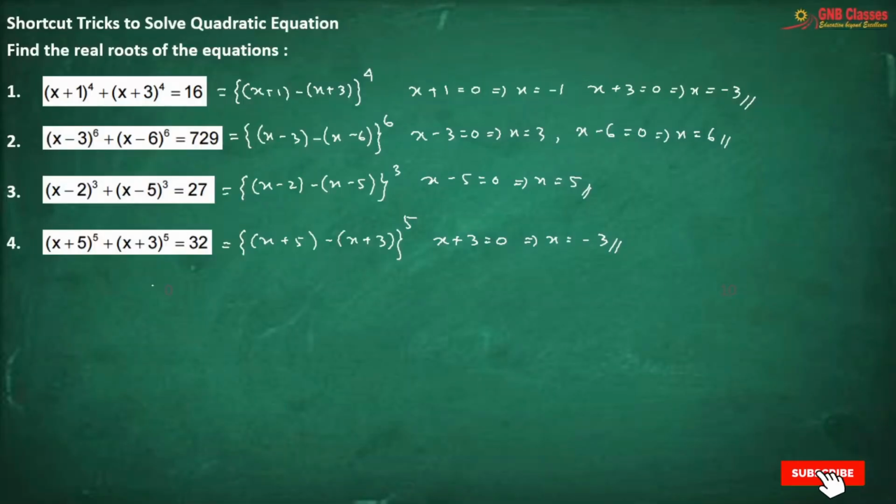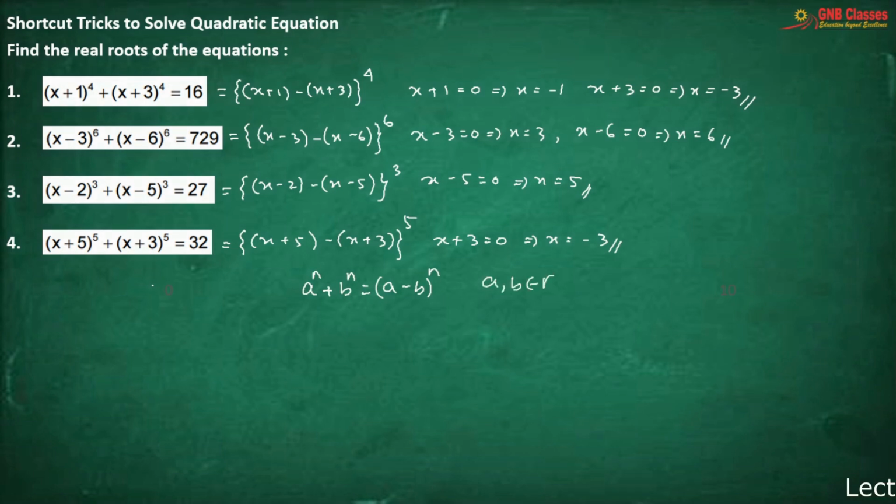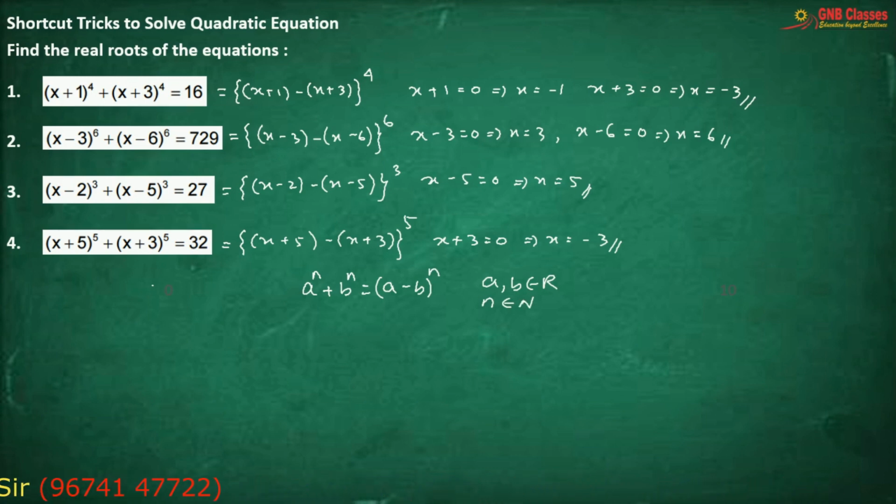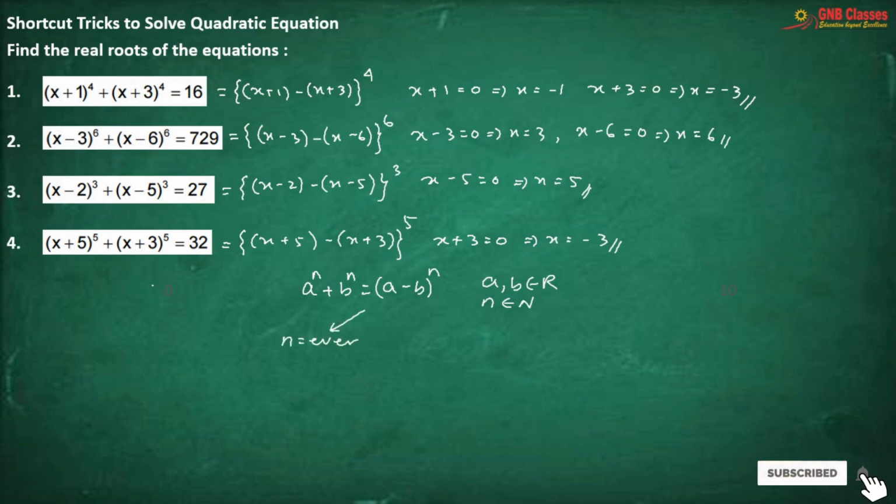To solve this kind of problem, the trick is, if the form is a to the power n plus b to the power n equals a minus b whole to the power n, where a and b belong to real numbers and n belongs to any natural number, you have to check only one thing: whether n is even or n is odd.